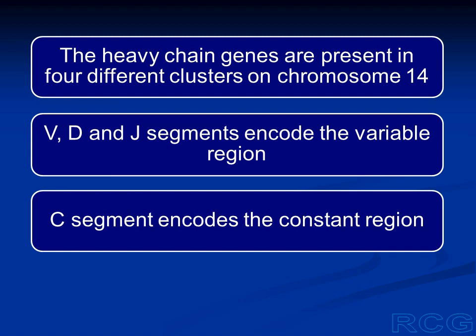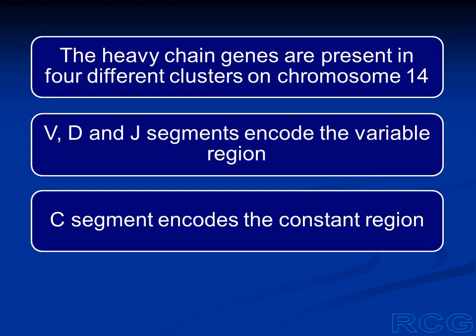The genes for heavy chains are present in 4 different clusters. So we have 4 segments, and each segment is present in a different cluster. So 4 different clusters for heavy chain genes are present, and they are present on chromosome 14.